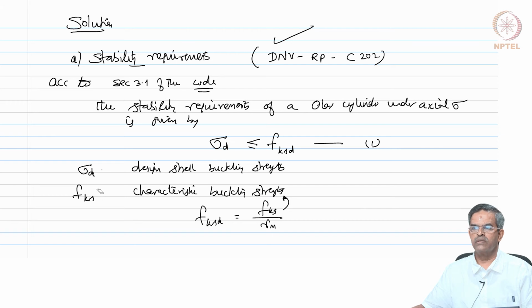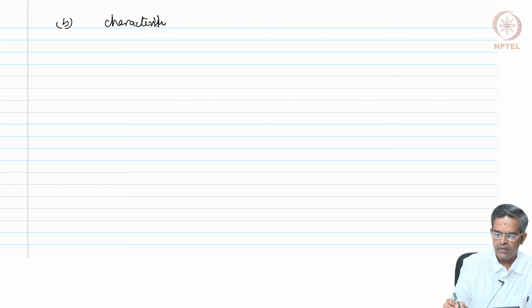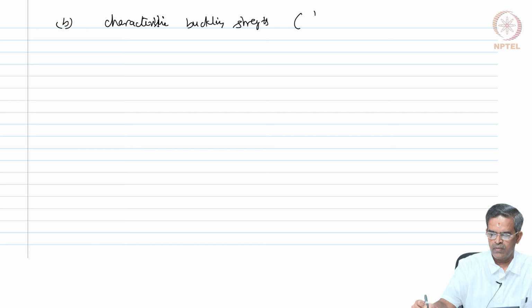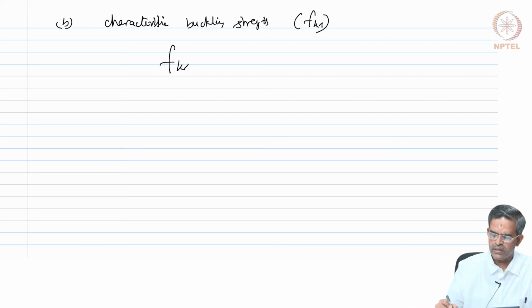So, now the question is, how do you find Fks? Let us go for characteristic buckling strength Fks.